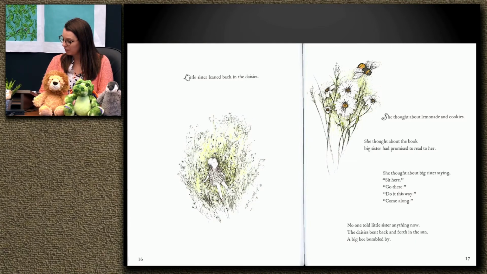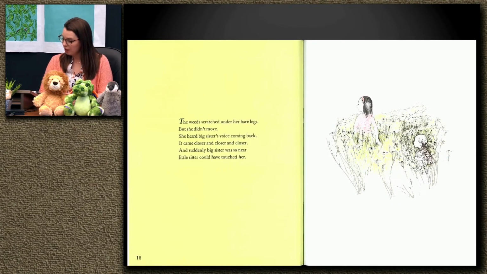The daisies bent back and forth in the sun. A big bee bumbled by. The weeds scratched under her bare legs, but she didn't move. She heard Big Sister's voice coming back. It came closer and closer and closer, and suddenly Big Sister was so near, little sister could have touched her.